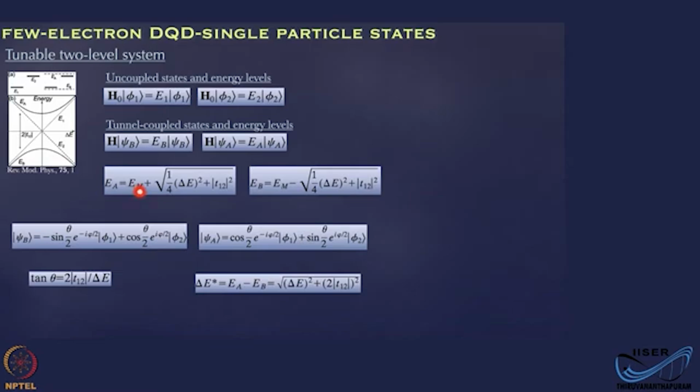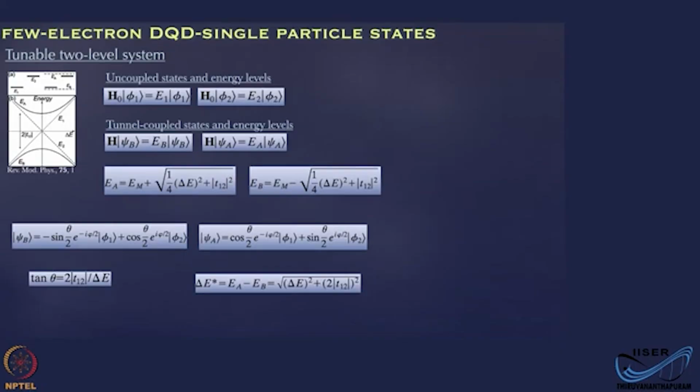EM plus square root of 1/4 delta E squared plus T12 squared, and this is the bonding energy, and EA is the anti-bonding energy, and EB is the bonding energy. You will see very soon why I am calling them bonding and anti-bonding in a minute. Okay, so EB is EM minus square root of 1/4 delta E squared plus T12 squared.